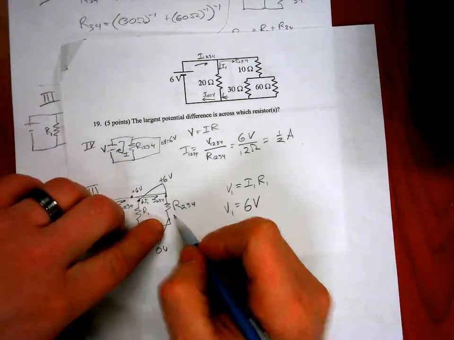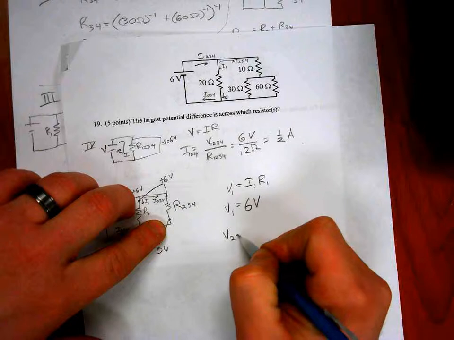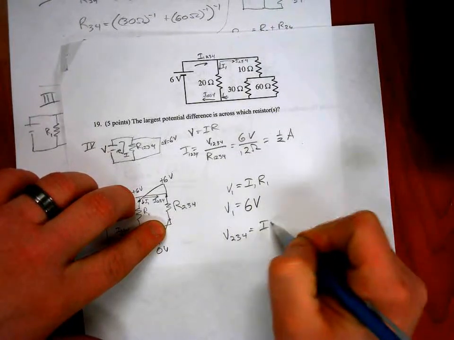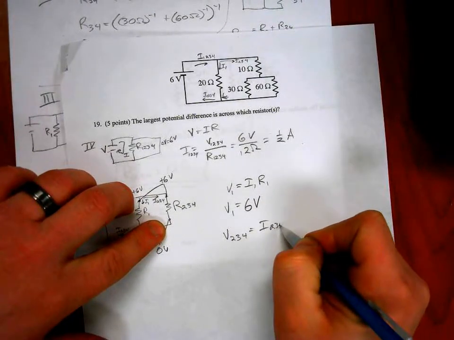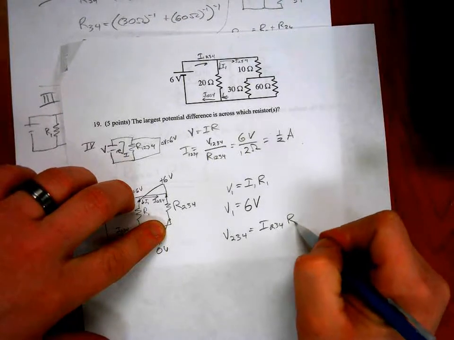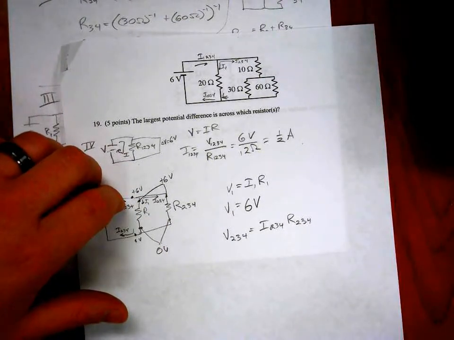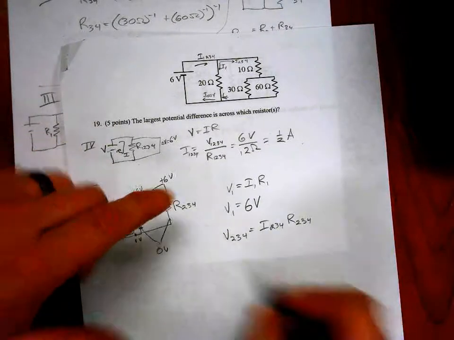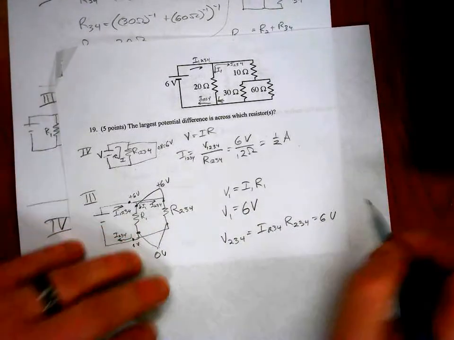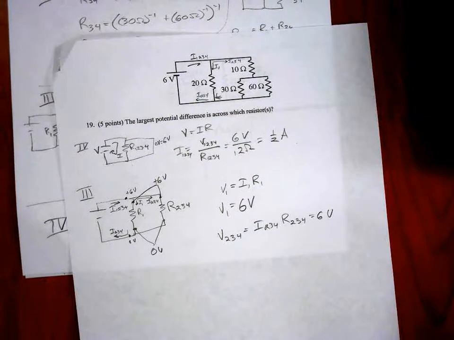Now the question is, what is VR2,3,4? Because that's going to be I2,3,4 times R2,3,4. Well, we know that's going to be 6 volts too, because they both have to be 6 volts.